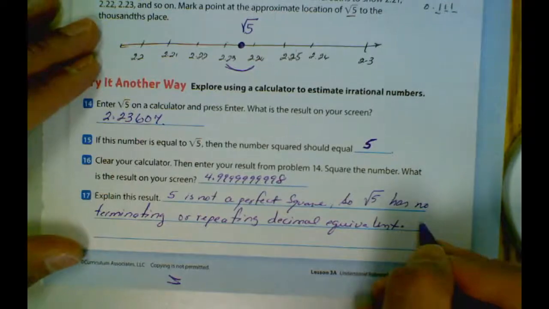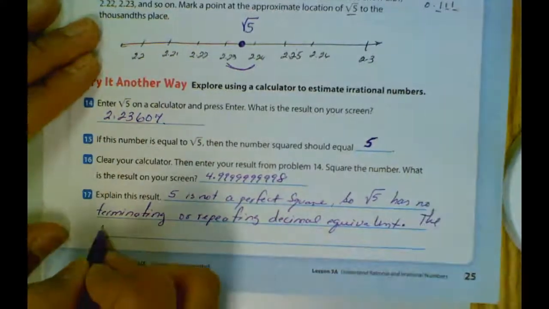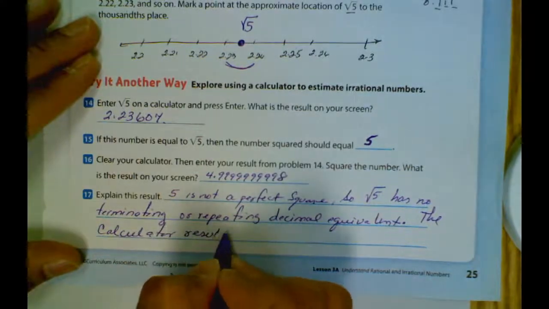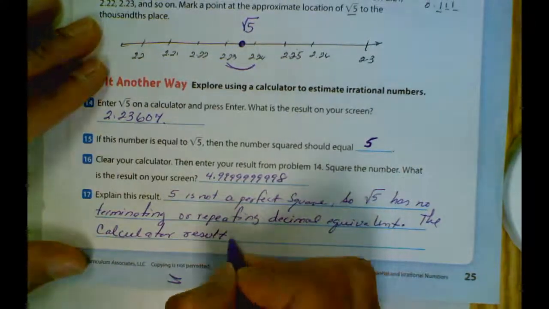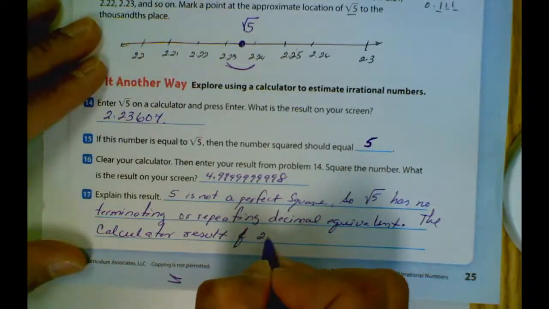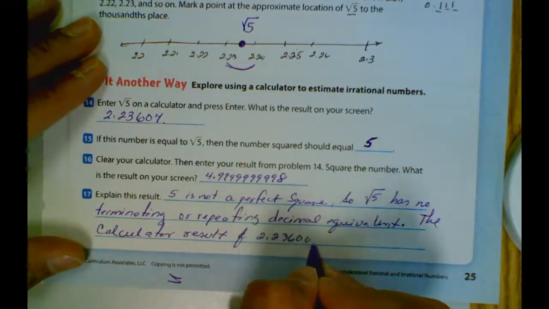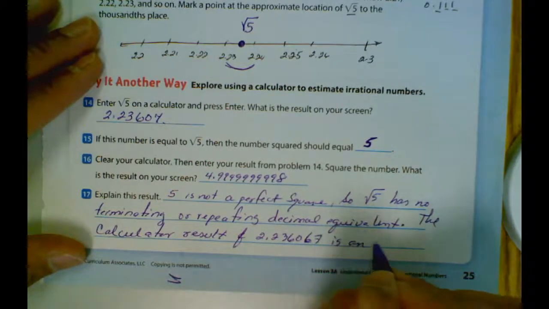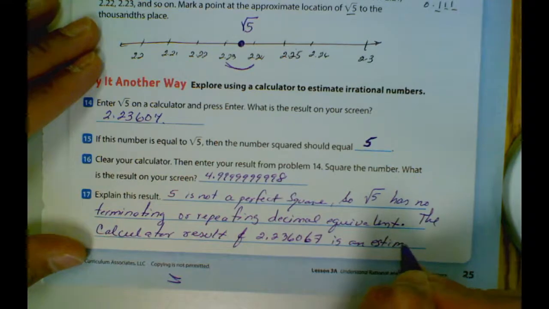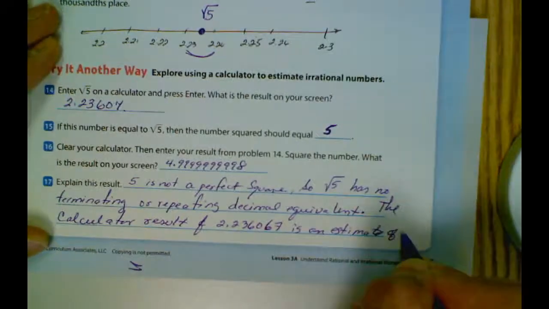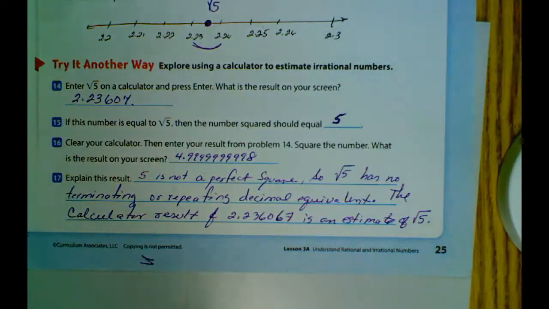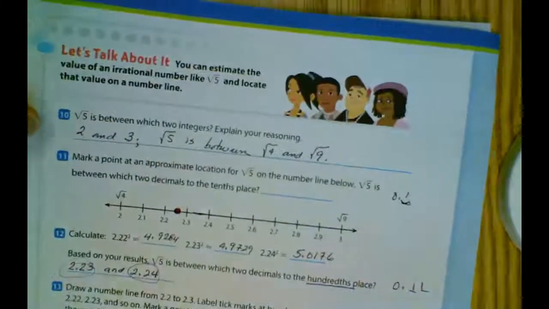The calculator result of 2.236067 is an estimate of square root of 5. So it's an estimation, okay? Square root of 5 is not a perfect square, so we are not going to get all the way to 5.